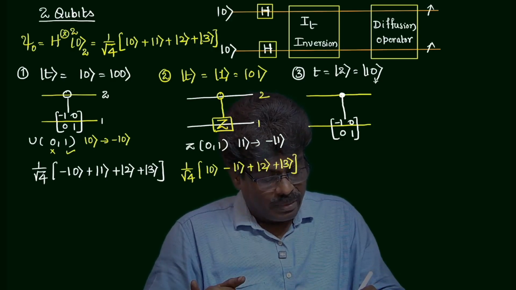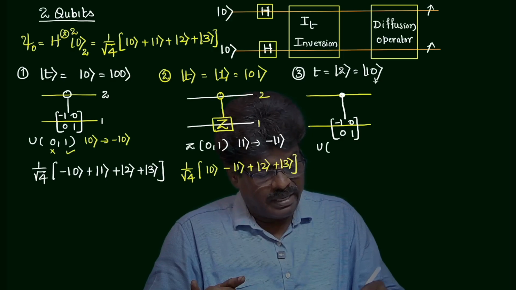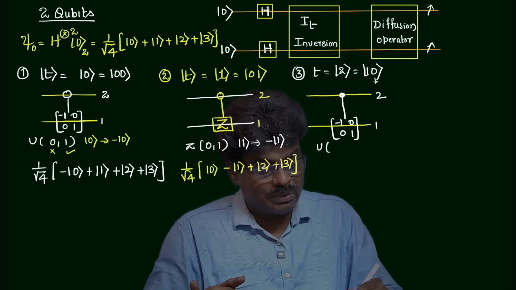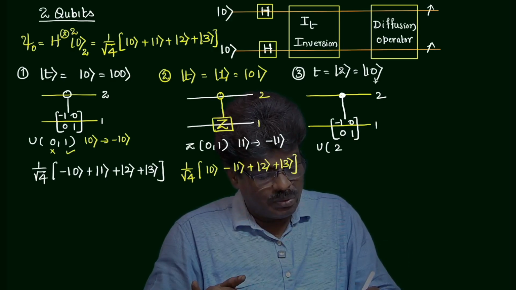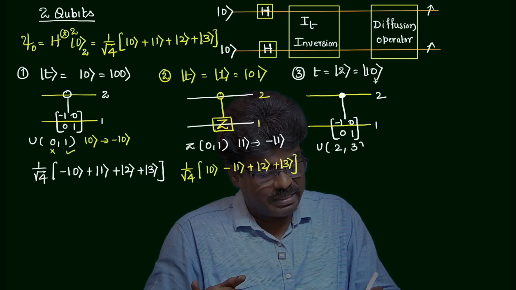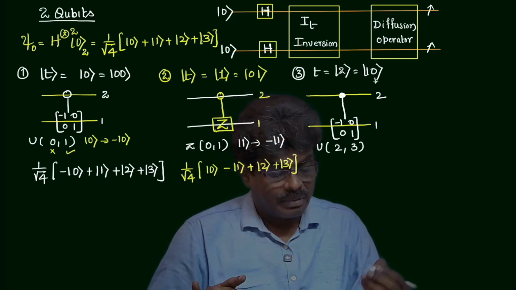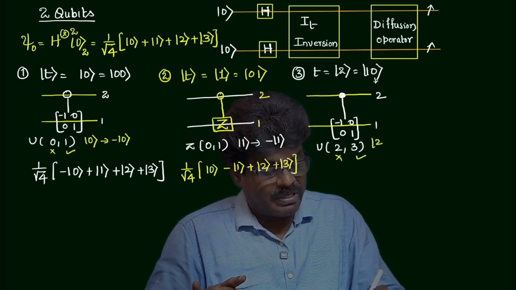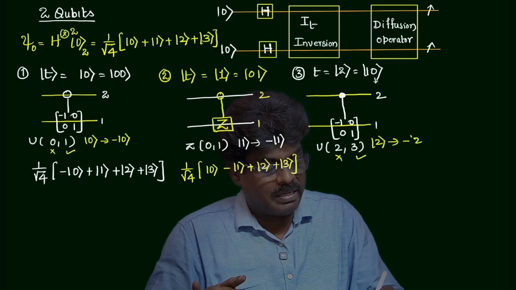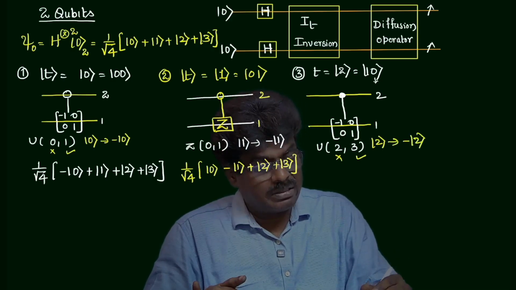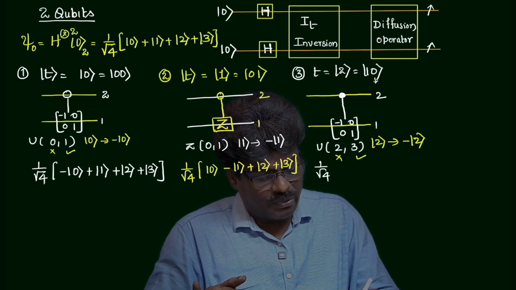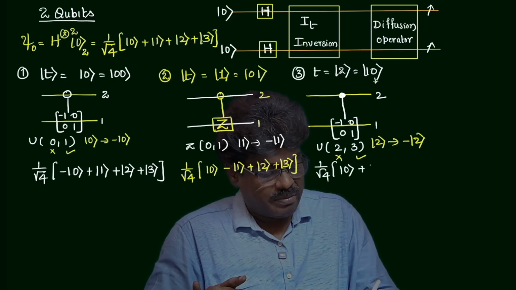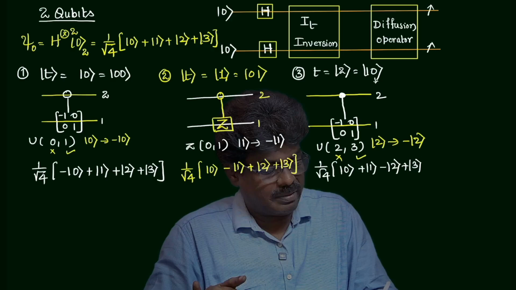So with this unitary operator we will get 1 and a 2. So here this is 2 comma 2 plus 1, that is 3, because it's a control operation. So this is off and on, here the operation 2 2 minus 2. So with this we'll get 1 over root 4, 0 plus 1 minus 2 plus 3.